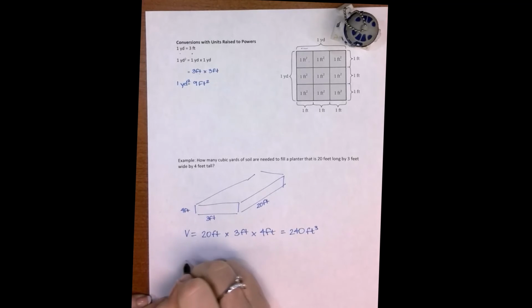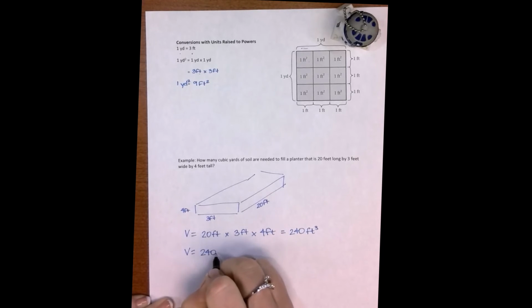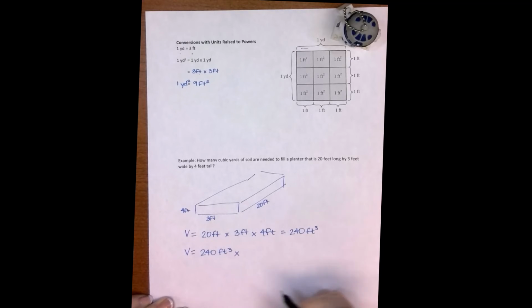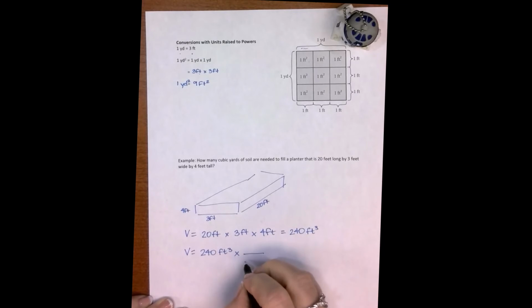All right, so now let's do the conversion from cubic feet to cubic yards. So the volume is going to be 240 feet cubed, right? But I need to get rid of feet cubed, so I need feet to be in the denominator. And what would be the conversion factor? It would be 3 feet is equal to 1 yard.